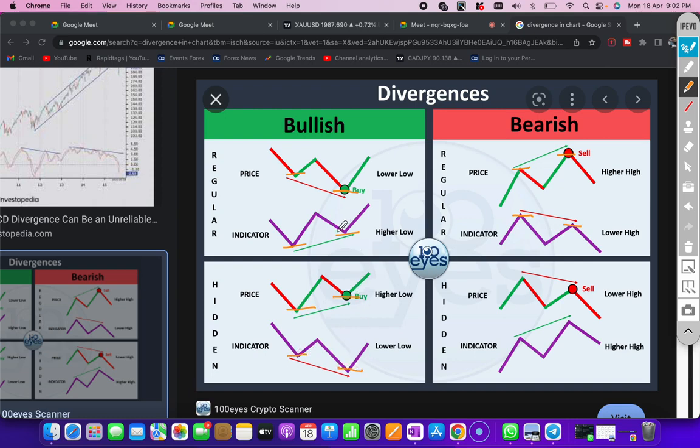The similar thing here: price was getting low, but RSI was increasing. Here price is getting high, RSI is getting low.